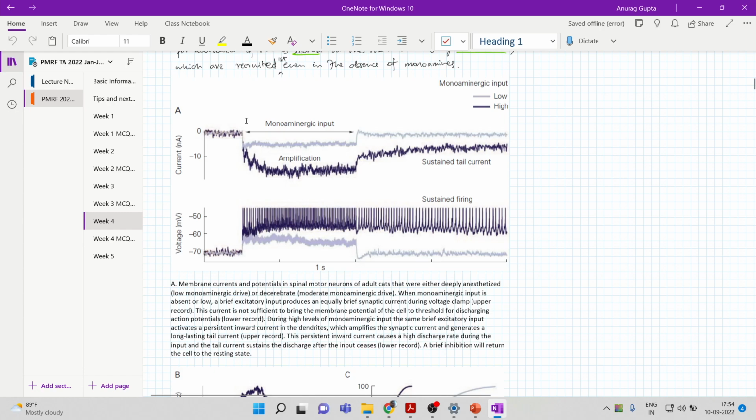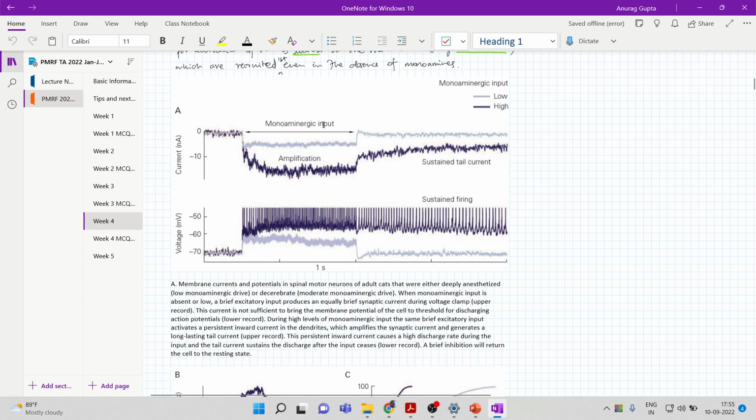So in the first case, the light blue plot, the monoaminergic influence is less. So when there is an inward current, the voltage does not reach threshold. And because the voltage does not reach threshold, there are no action potentials.